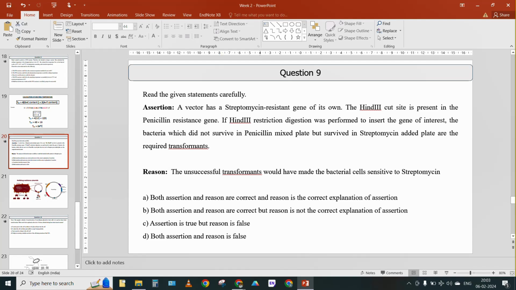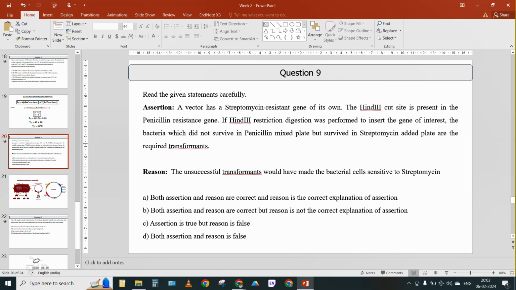If HindIII restriction digestion was performed to insert the gene of interest, the bacteria which did not survive in penicillin mixed plate but survived in streptomycin added plate are the required transformants. The reason is: the unsuccessful transformants would have made the bacterial cells sensitive to streptomycin.